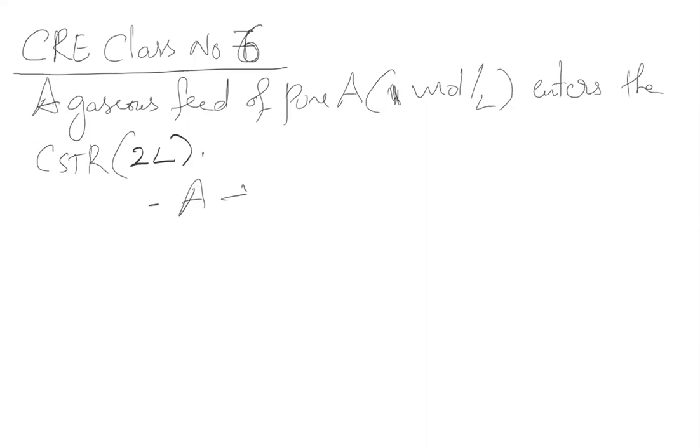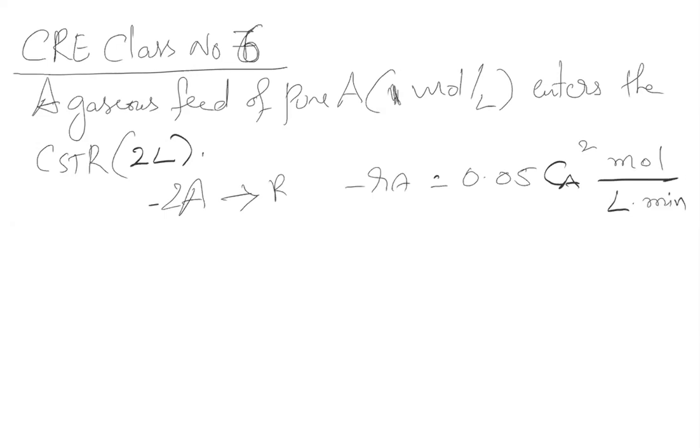The reaction is 2A gives R, with minus rate of A equal to 0.05 CA squared, in mole per liter minute.